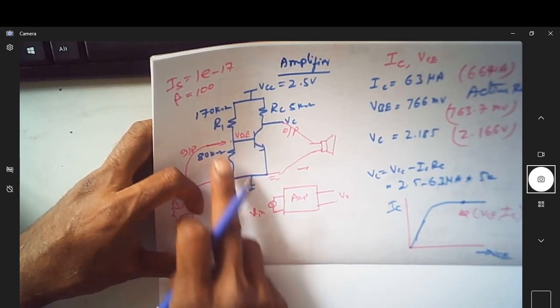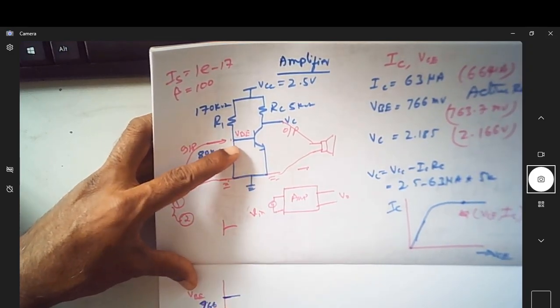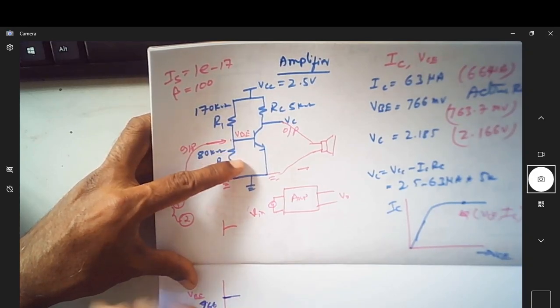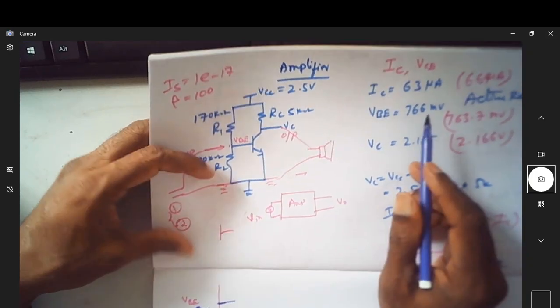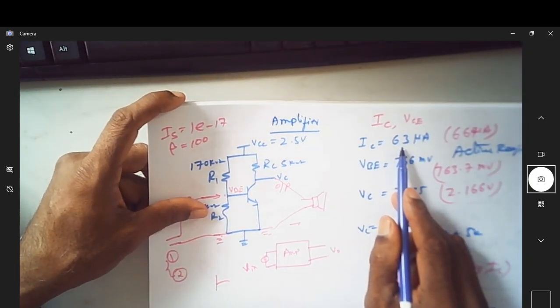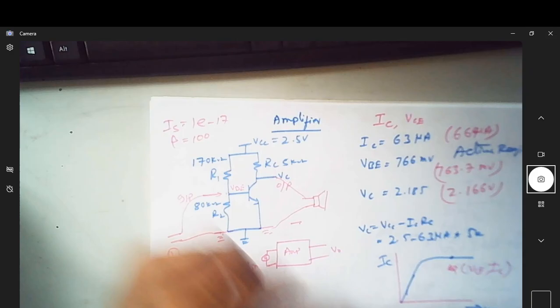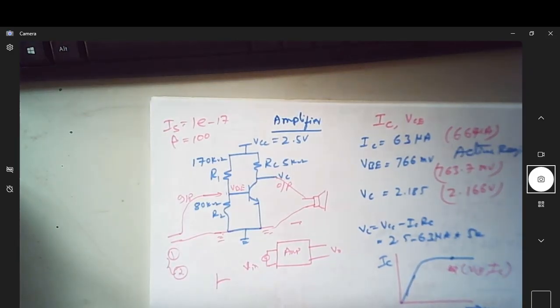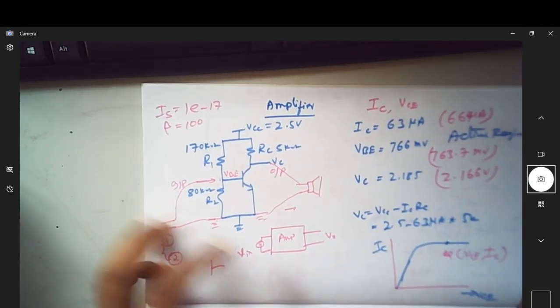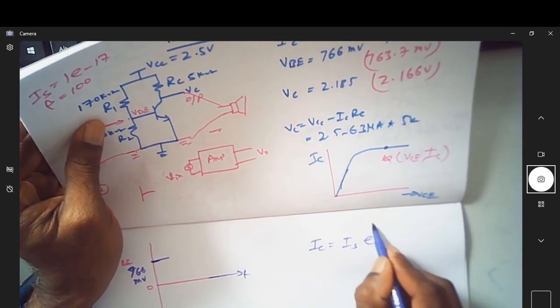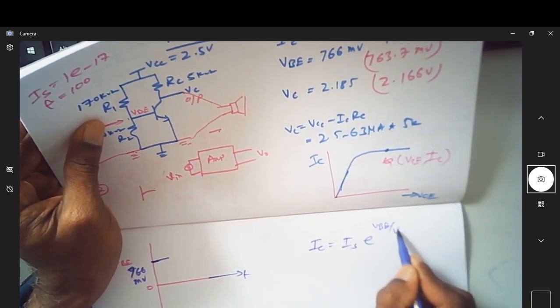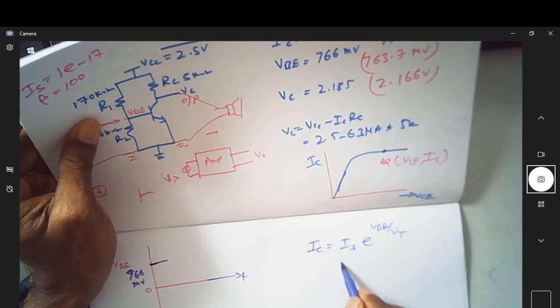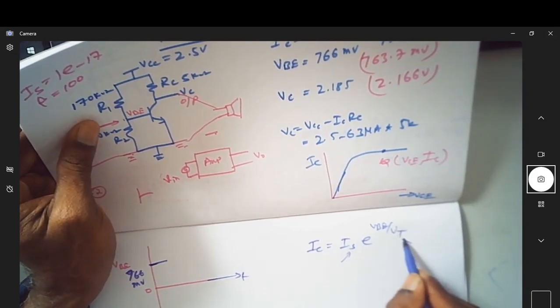When you are not applying any input voltage, the voltage at this point is 766 millivolt. Corresponding to this 766 millivolt, you have a current of 63 microampere, because IC is equal to IS exponential VB by VT, with the known values of IS and VT.